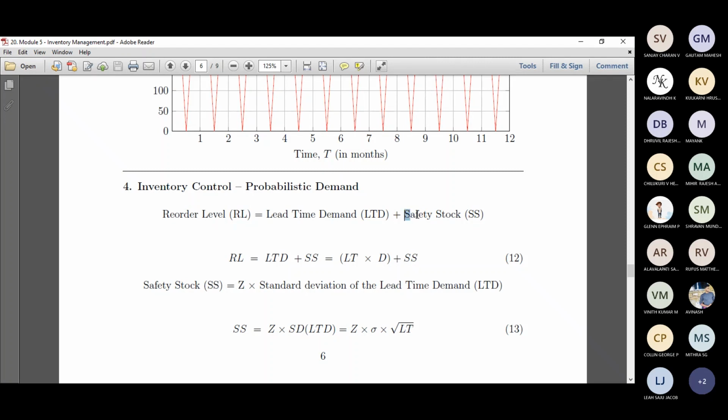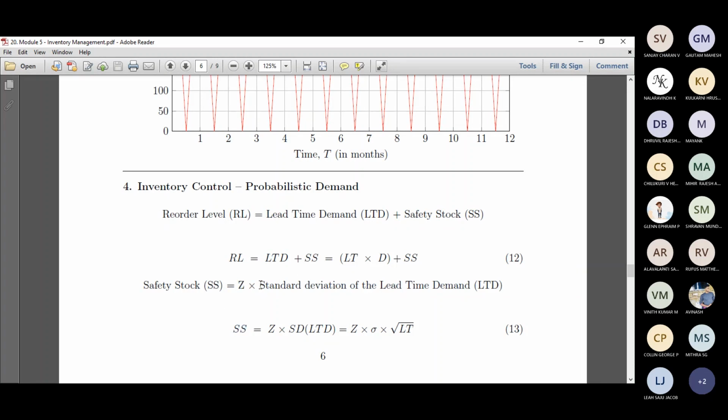Safety stock, how do we define the safety stock? It is not a deterministic thing. We know it's a probabilistic demand. What we do is we take Z times the standard deviation of the lead time demand. So LTD, lead time demand. The standard deviation of that will be multiplied by Z, which is the normal distribution value. So that will be our safety stock.